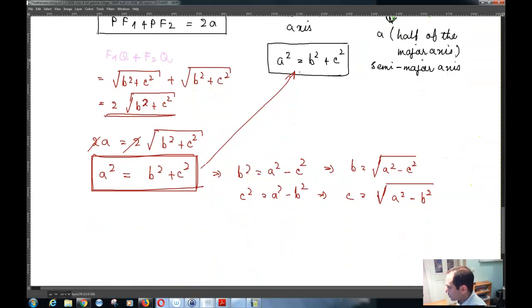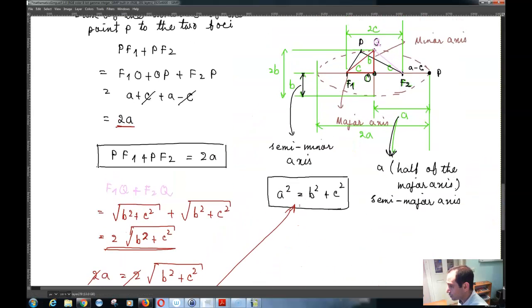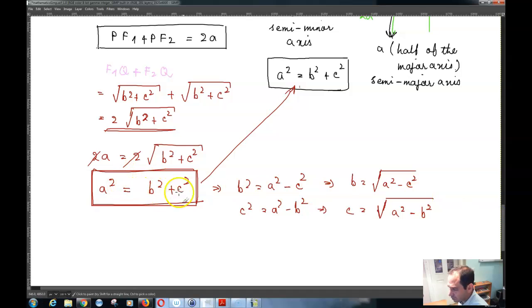So that is the relationship between the semi-major axis, semi-minor axis, and the distance between the focus and the center of an ellipse: a squared is equal to b squared plus c squared.